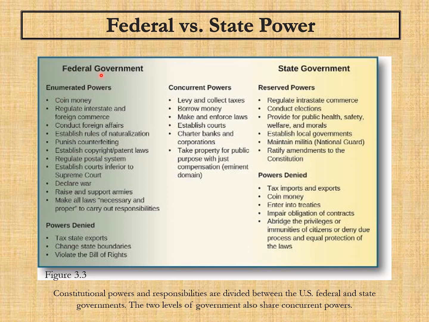So those are powers of the federal government that the Constitution gives the federal government. So the federal government can make money, regulate interstate and foreign commerce, establish copyright, regulate postal systems, establish courts, can declare war, things like that.